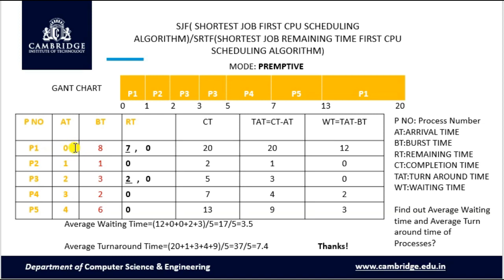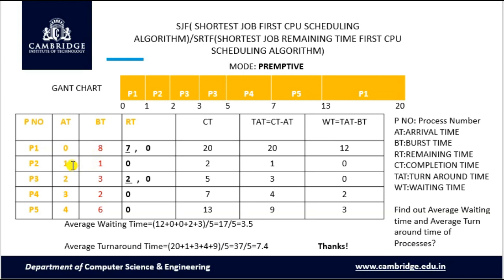The CPU is going to analyze it. The burst time of P1 is 8 seconds, which compared to other processes is more. In the second row, P2's arrival time is 1 second.